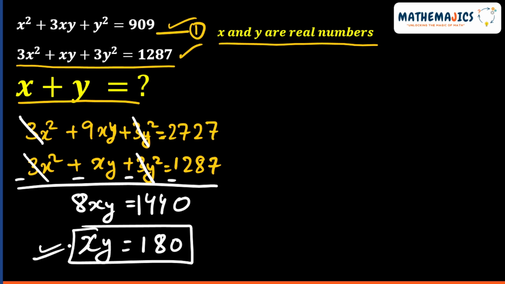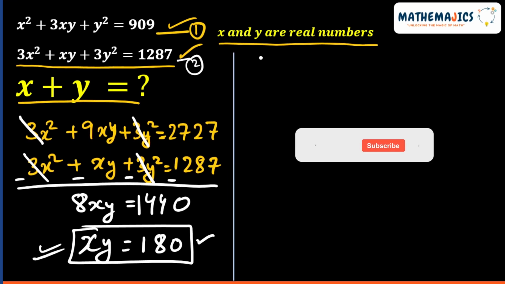Okay. So what will happen after this? We can substitute the value of xy in the first equation or the second equation. You can do any one of them. I'll go for the first one. So let's see what happens if we substitute xy in the first equation.